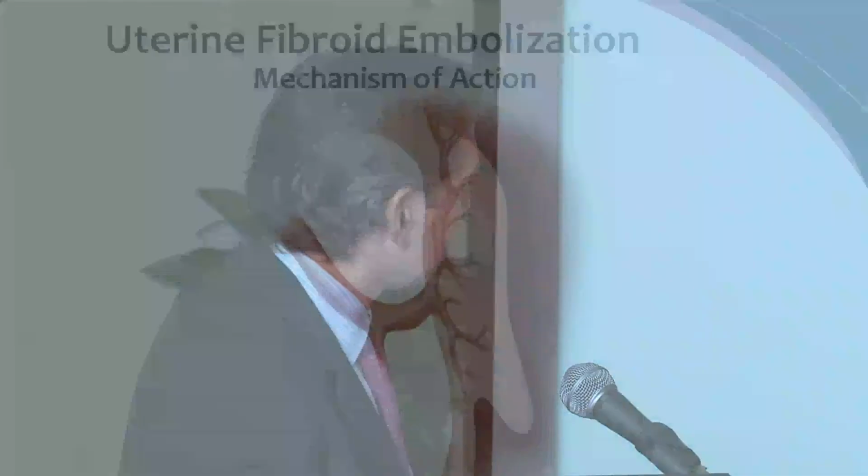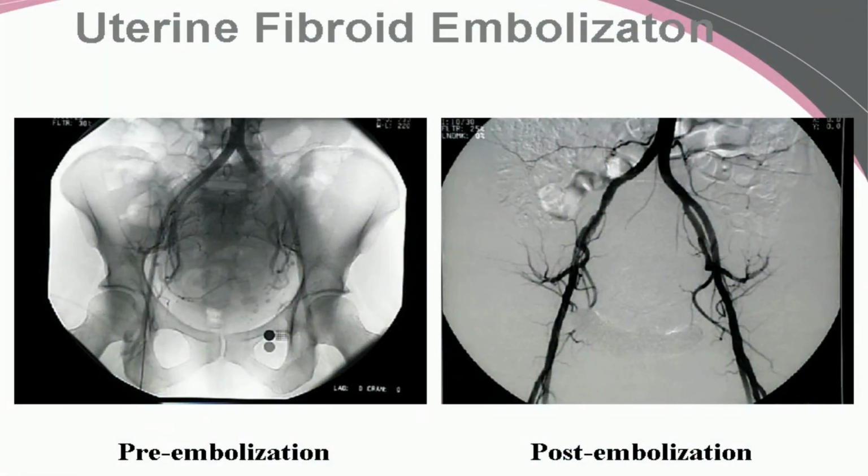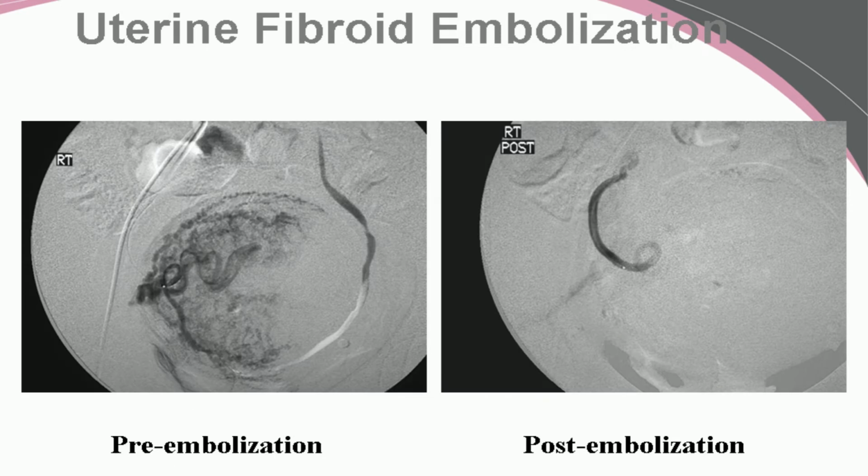This is a little slideshow showing the catheter in the uterine artery, the injection of the microscopic embospheres, and over time that fibroid will scar down. These are images from a uterine artery embolization. I don't know if this is projecting so well, but it shows the uterine artery here nice and large, and you really don't see any blood flow to the fibroids after the embolization.